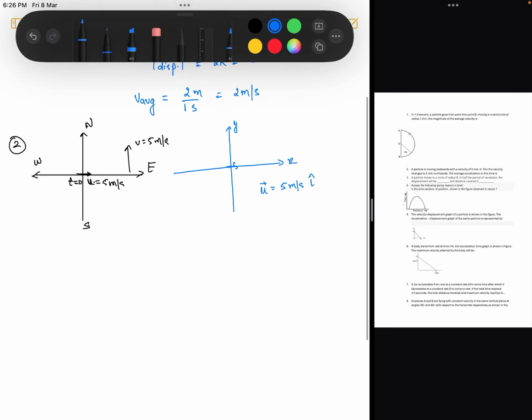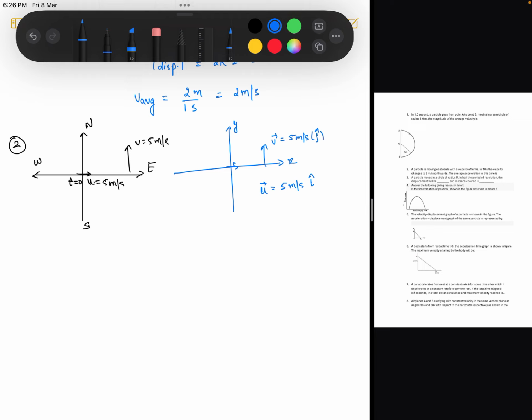Also after t is equal to 10 seconds, this particle is moving in this direction, that is v vector is equal to 5 meter per second j cap.